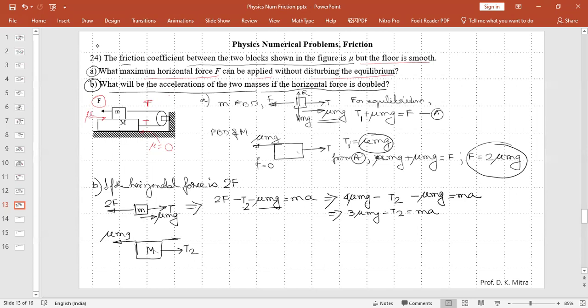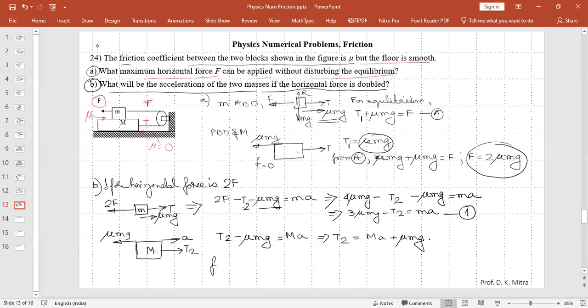And it has got an acceleration on the right-hand side, say A. So here tension T2 minus mu mg is equal to capital M A, because the mass of the bigger body is capital M. From here we find tension T2 is equal to capital M A plus mu small m g. So let's say this is equation 1.